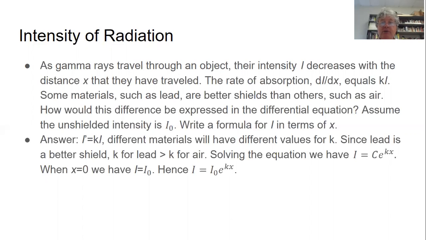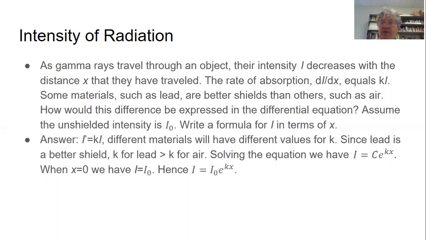Now, where the different materials come in is in the k, the rate of absorption constant. Since lead is a better shield, k for lead must be much bigger than the k for air. Okay, so solving this equation, we have I equals C times e to the kx.